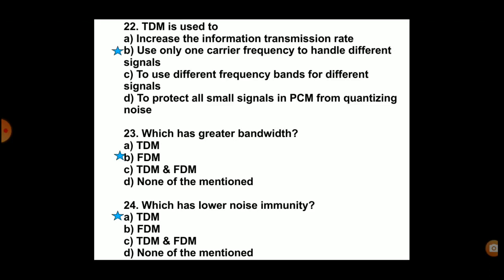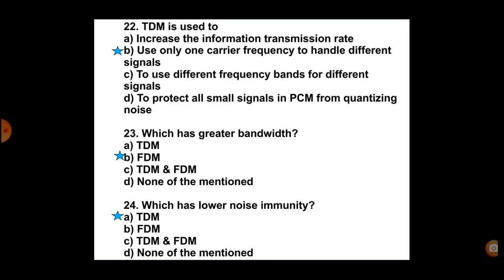TDM is used to, options are increase the information transmission rate, use only one carrier frequency to handle different signals, third one, to use different frequency bands for different signals, to protect all signals in PCM from quantizing noise. Correct answer is use only one carrier frequency to handle different signals.